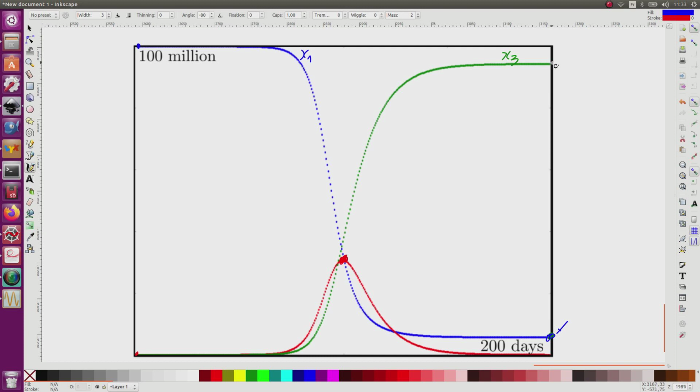And here, in a similar way, we can see that not all the population has been cured, which is consistent with this. But what is sure is that the number of infected people, so x2, at the end, I have no more infected people, which is quite consistent with the intuition we have on the evolution of the system.